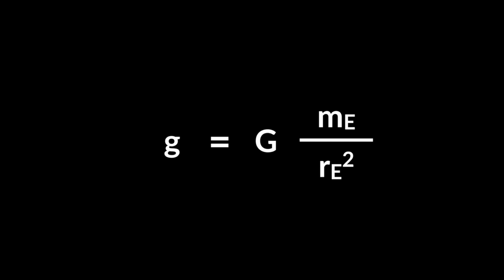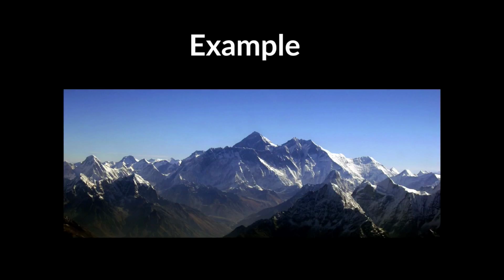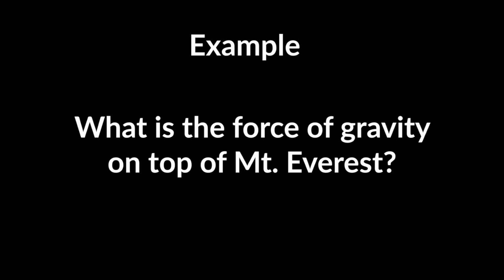So let's take a look at an example where we need to use this equation. Let's say there's a hiker on top of Mount Everest, and we want to find the force of gravity acting on that hiker. Now you might think that this is just 9.8 because that's the accepted value for g. However, you need to take into account that Mount Everest has a certain height.